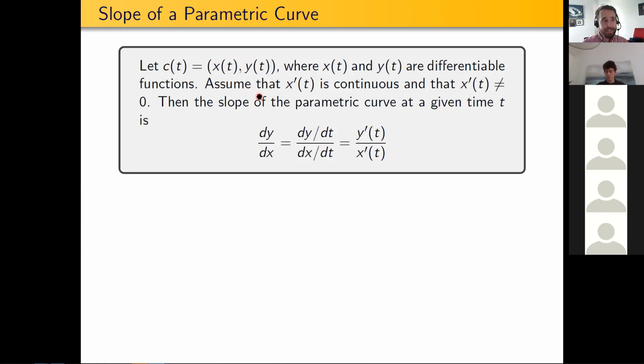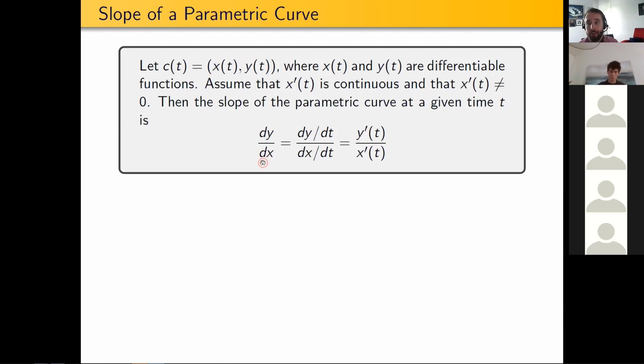Let's assume that x and y are differentiable functions and that x prime of t does not equal 0. It turns out that we can calculate the slope of our parametric curve at a given time by computing y prime of t divided by x prime of t. And the justification for this is as follows. The slope of a curve is typically given as dy over dx.